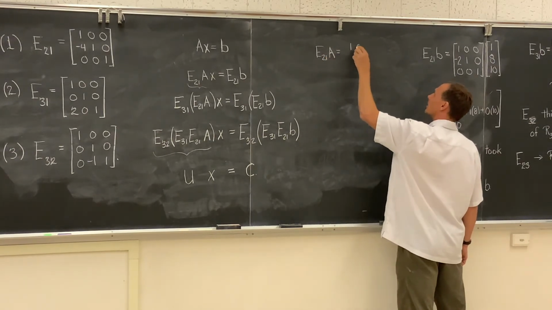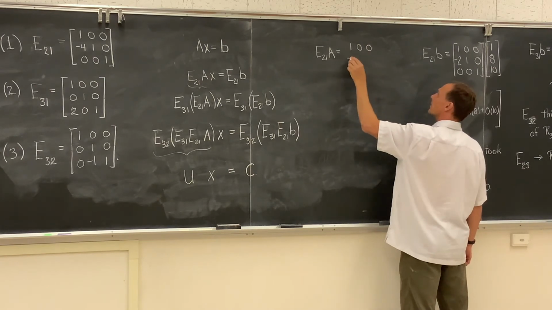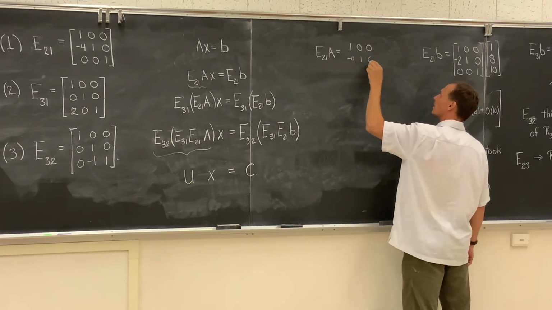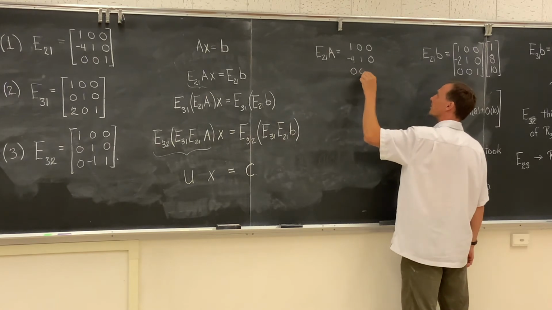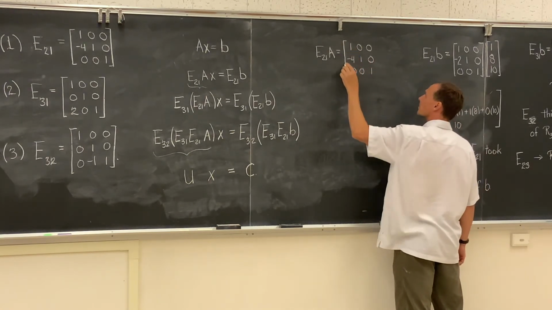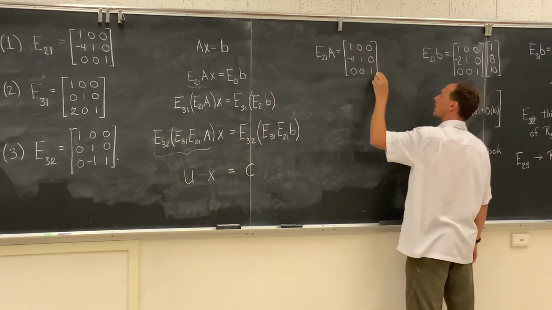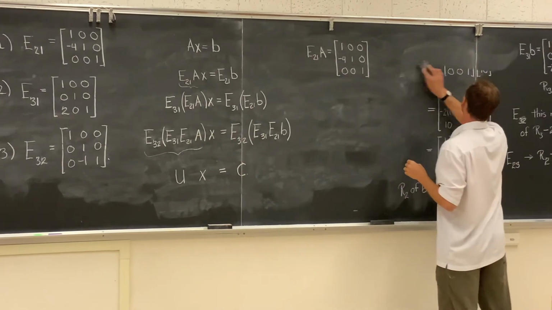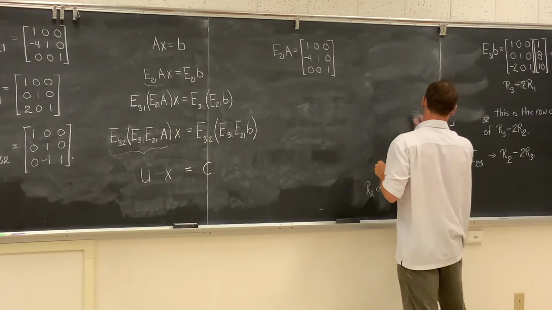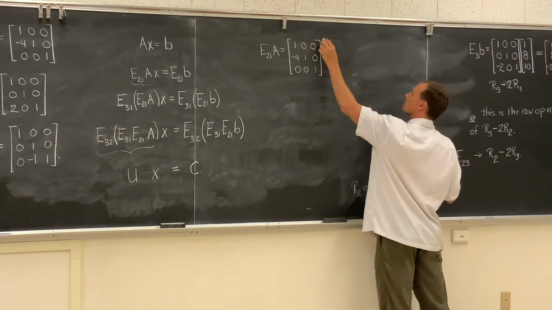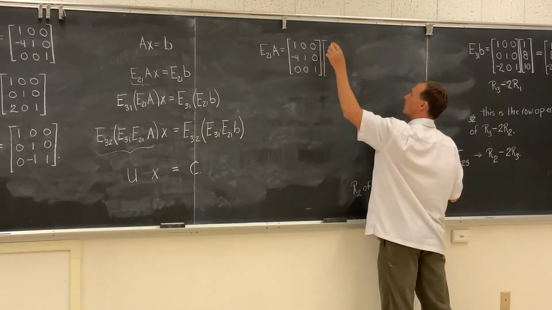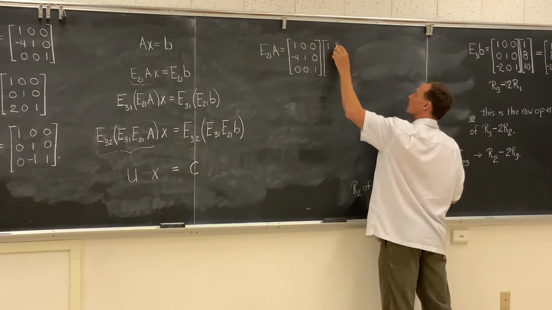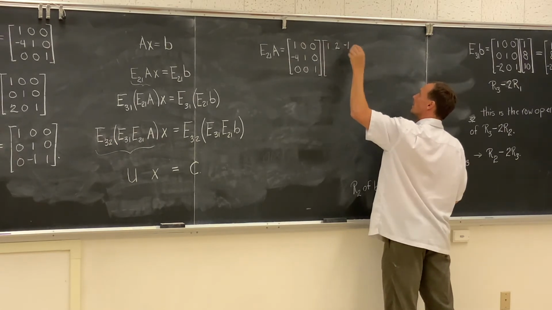This is 1, 0, 0, minus 4, 1, 0, 0, 0, 1, times the matrix of A, which was 1, 2, minus 1.